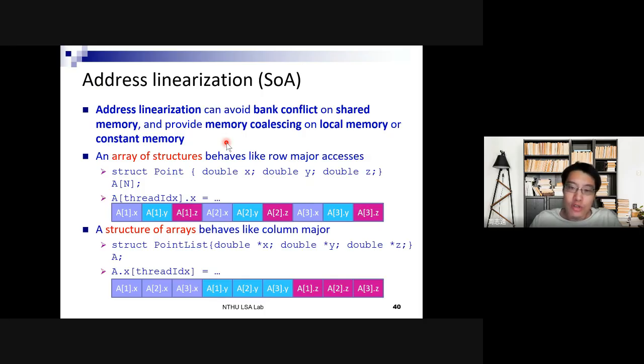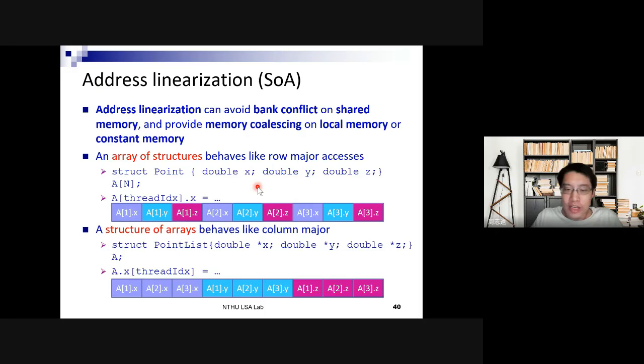So here we talk about another case that's less straightforward, but you need to pay attention to. The case is if the array you try to access has a structure. For example, say you are trying to manipulate three-dimensional coordinates. You have an array of three-dimensional coordinates.